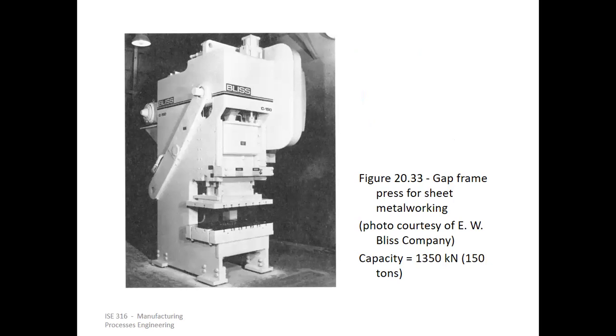That's standard in the industry. You see them as 100 ton, 150 ton, 200 ton presses, depending on the maximum force that they can exert, and that is 150 tons in this case, which is quite a lot.